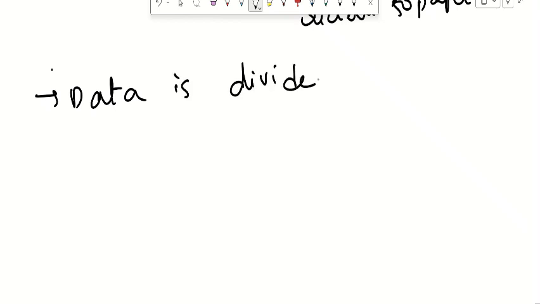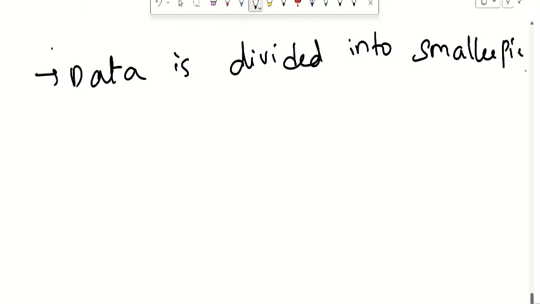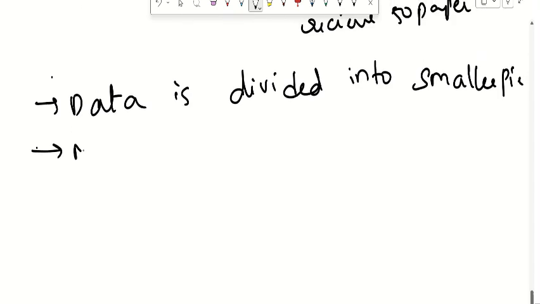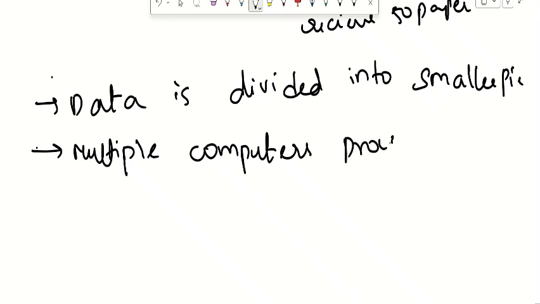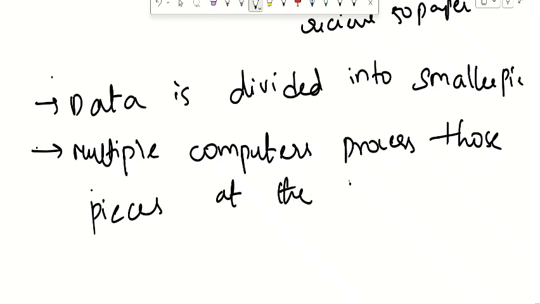This is exactly how Hadoop works. Data is divided into smaller pieces, and multiple computers process those pieces at the same time, and the final results are merged.